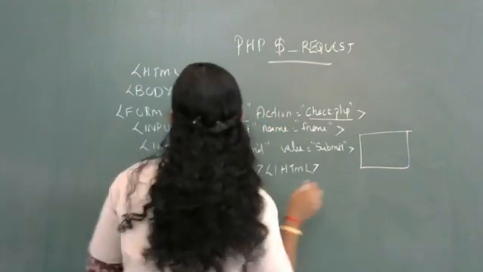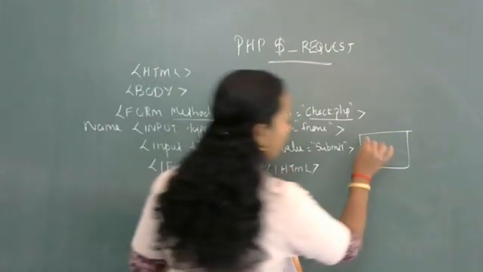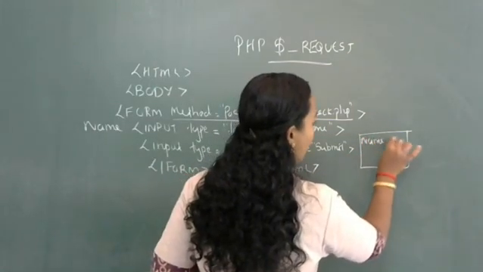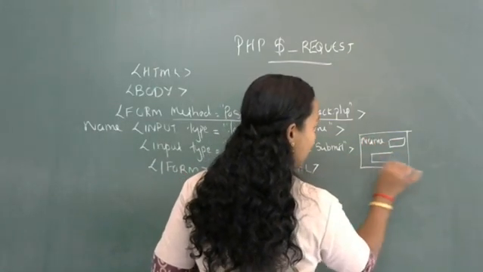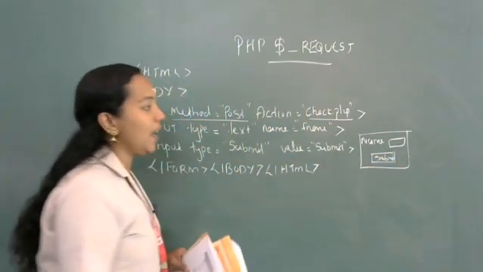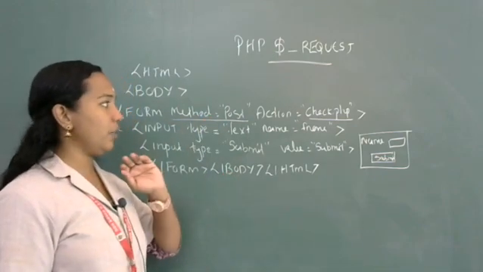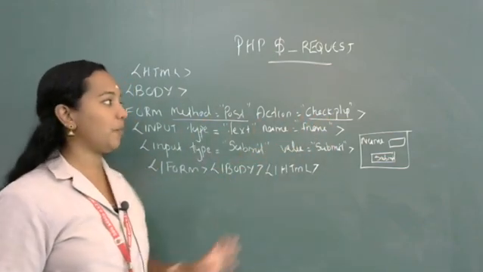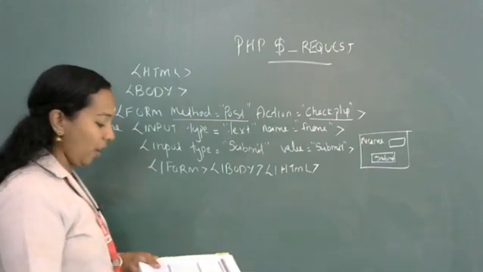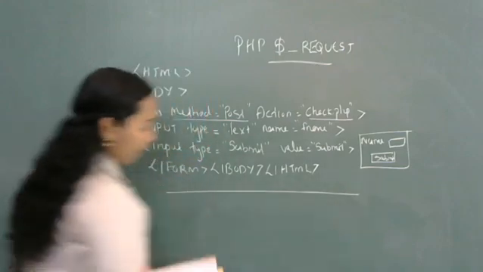Here I am going to give one name, so one text box will come. After that one submit button also will come. So I am going to create a web form like this. The method I am using is post, and the PHP program executing is check.php. So I am going to write the check.php program.